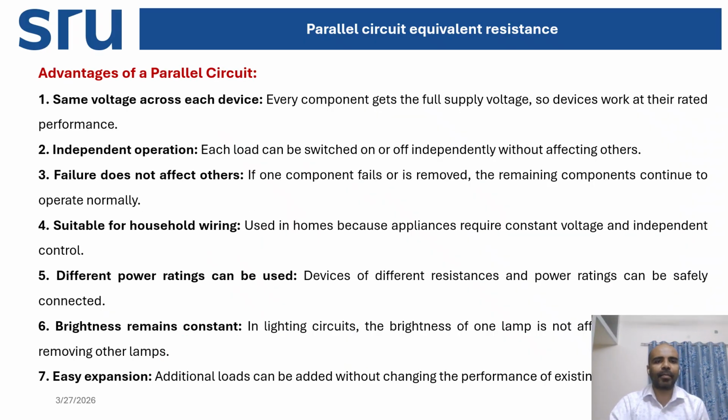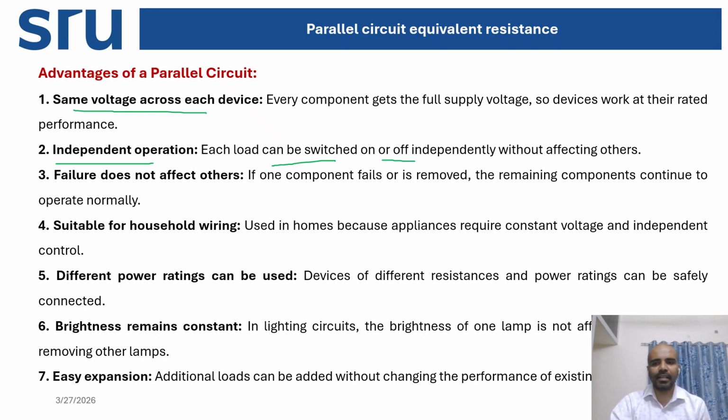So what are the advantages of a parallel circuit? If you need the same voltage across each device, then you need to connect all the devices in parallel. You need an independent operation. Each circuit element carries a different amount of current, so each load can be switched on or switched off.